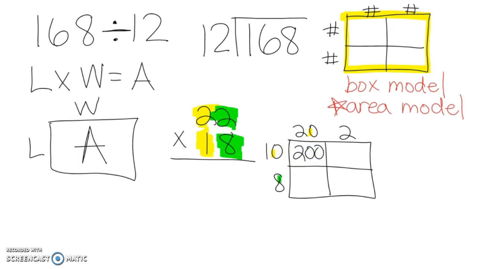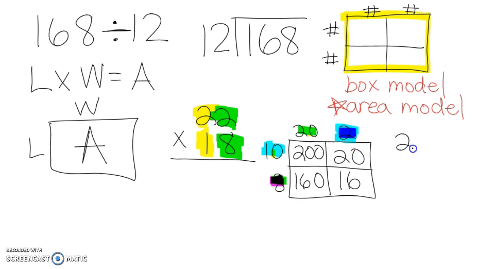Then I would have multiplied 8 times 20, which is 160. Then I would have multiplied 8 times 2, which is 16, and 10 times 2, which is 20.